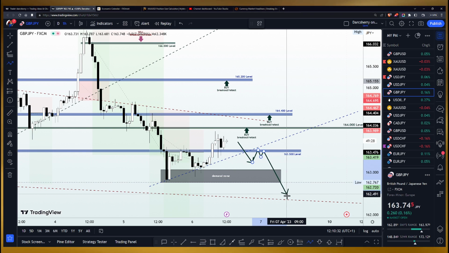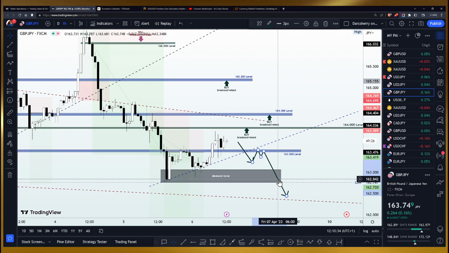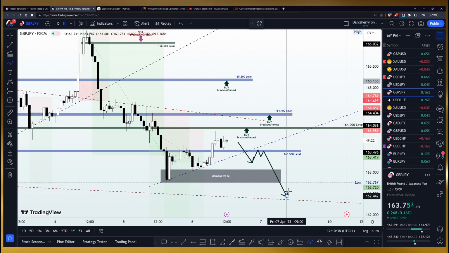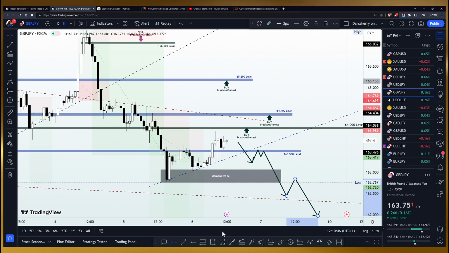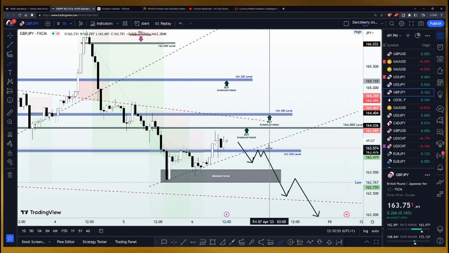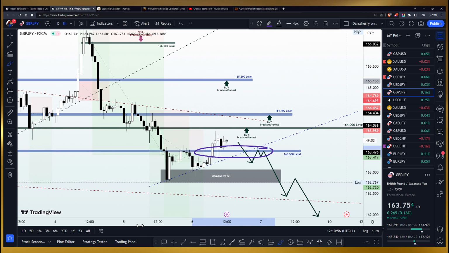Then a further breakdown of this demand zone at the 163.00 level will welcome additional position to our existing trade here. So that is how we are going to be looking out for selling opportunities in this market. So we have this bullish trend line here coupled with the 163.500 level, which will be serving as the yardstick for trading activity for today.